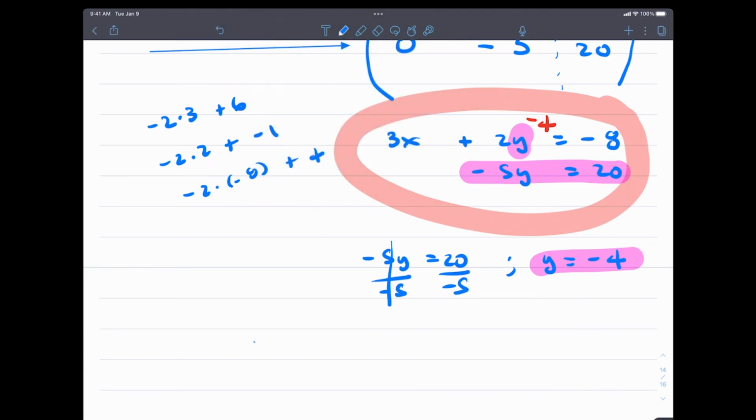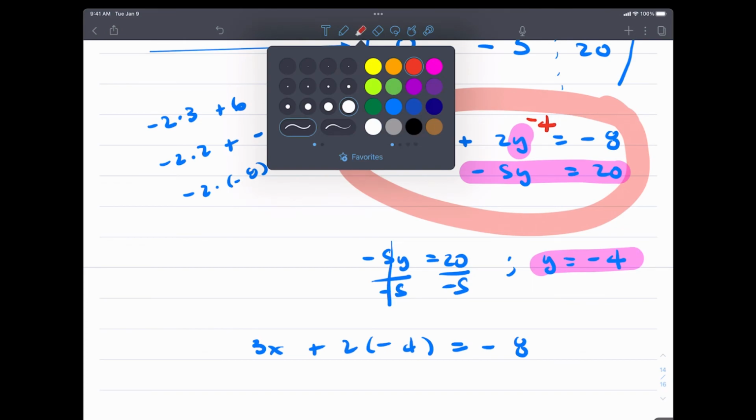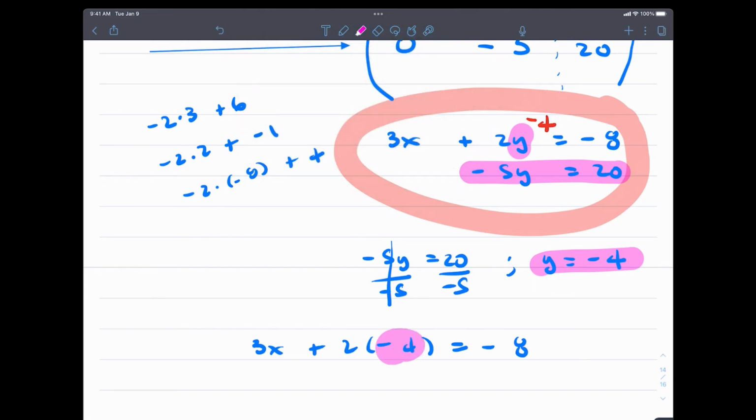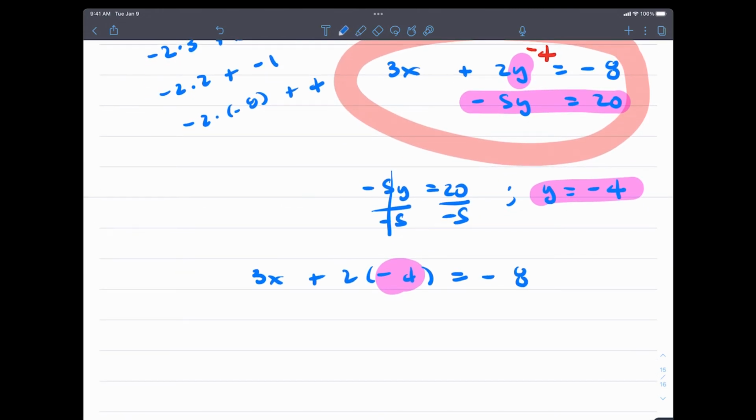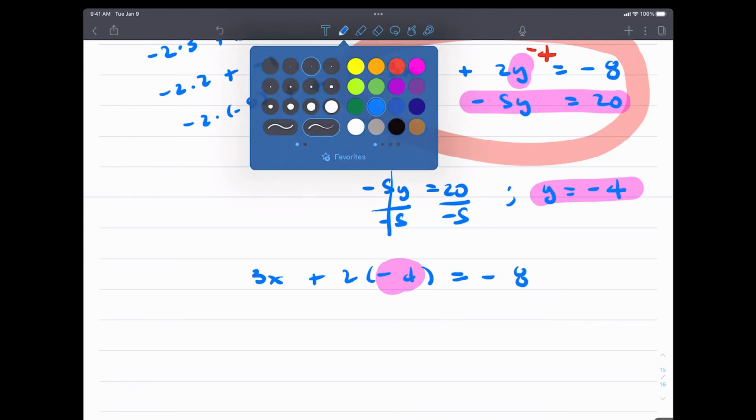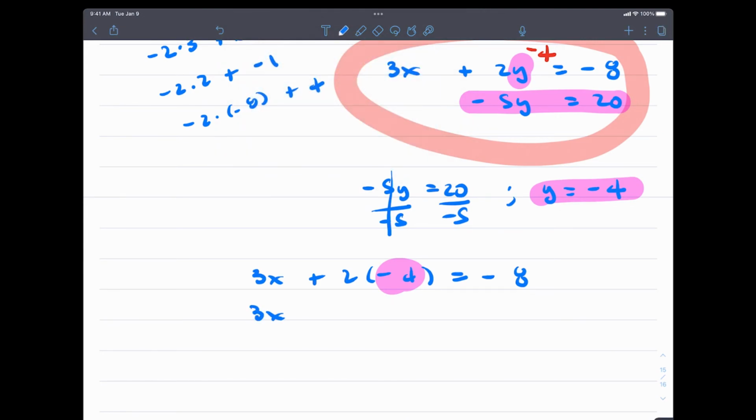So take a look at what happens here. We get 3x plus 2 times the -4 value should be -8 because y is the value -4. So we get to solve this equation, but we got to do some arithmetic. 2 times -4 is -8.